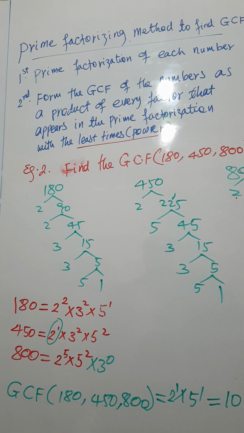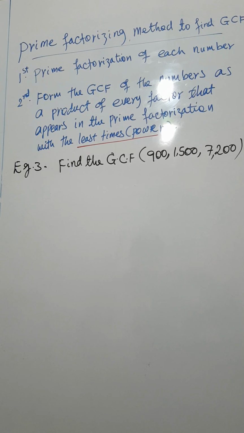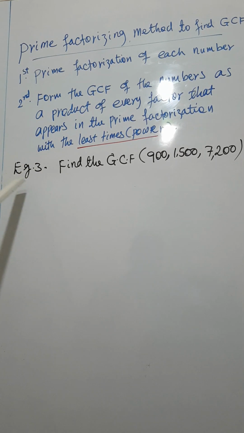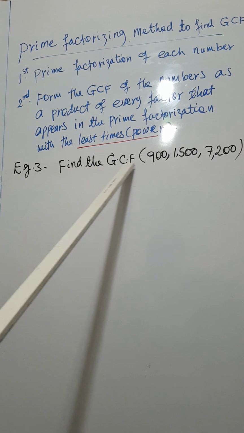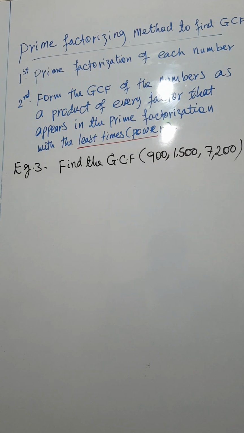I want to give you a more complicated or bigger number. Now, example 3: find the GCF of 900, 1,500, and 7,200. It seems the sky has fallen on you, but it's very simple.